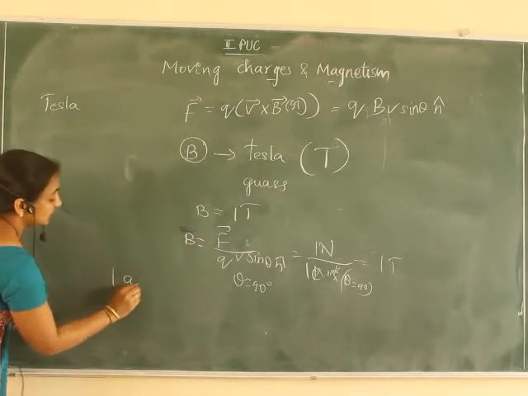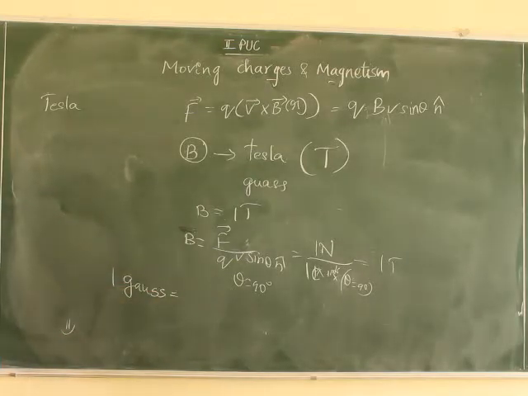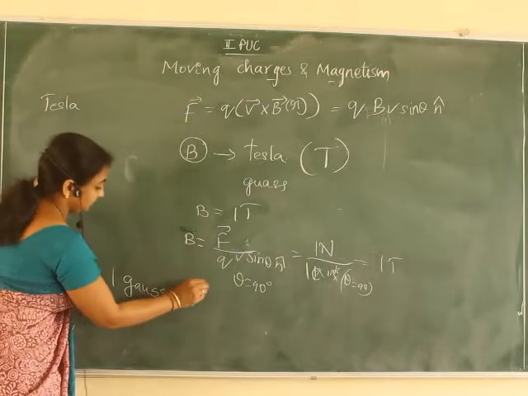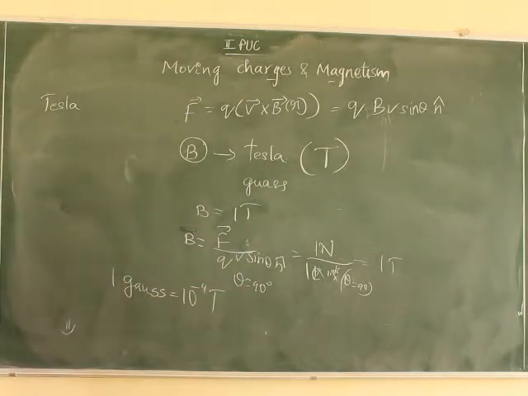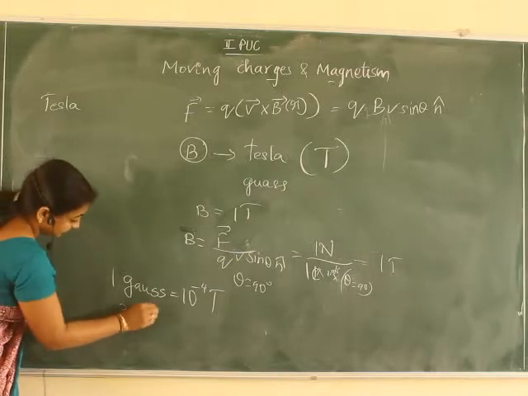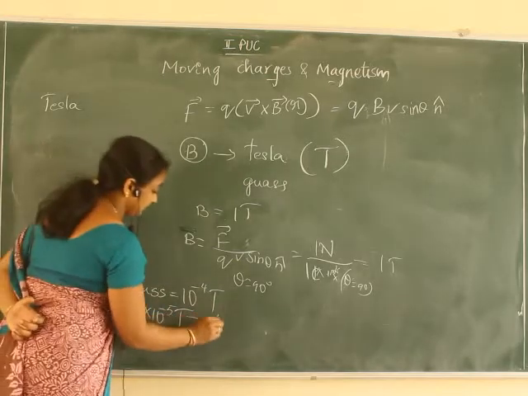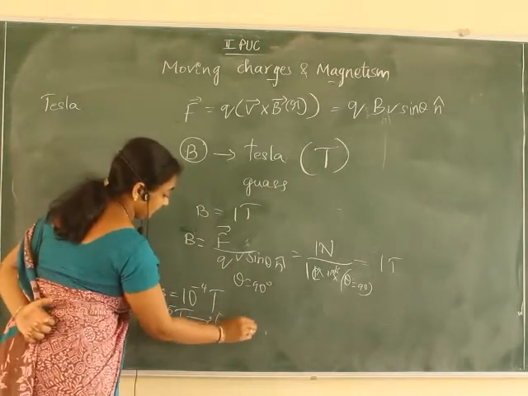1 Gauss is equal to 10 to the power minus 4 Tesla. And you should know that Earth's magnetic field is about 3.6 into 10 to the power minus 5 Tesla.